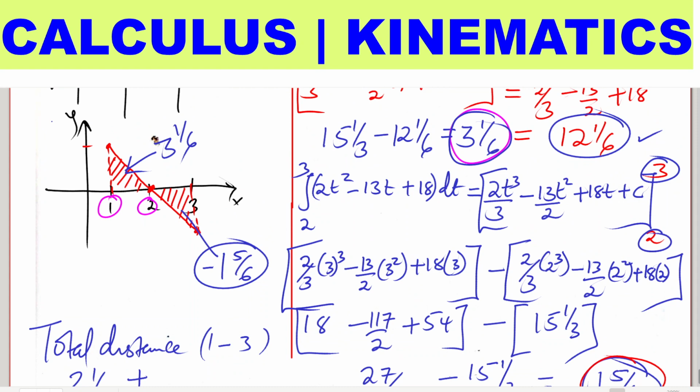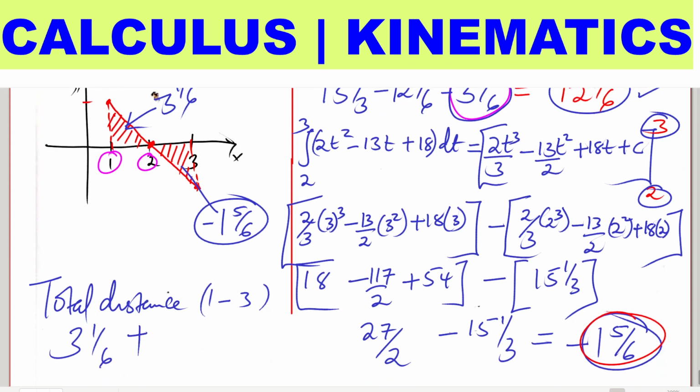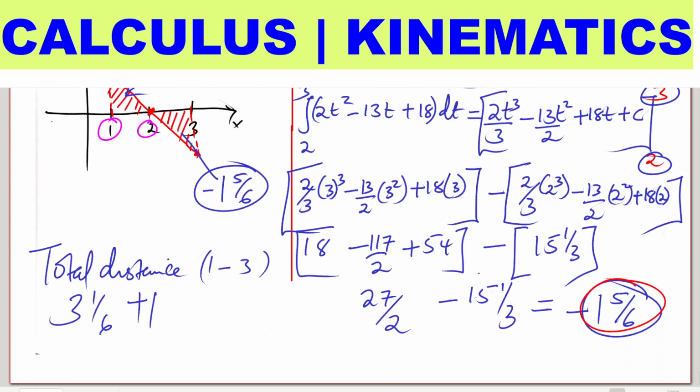The negative sign implies that it is below the x-axis. But when you're getting the distance, of course, you're going to ignore the negative. So we simply get the absolute value, and we add 1 and 5 over 6. So that will give us the total area.